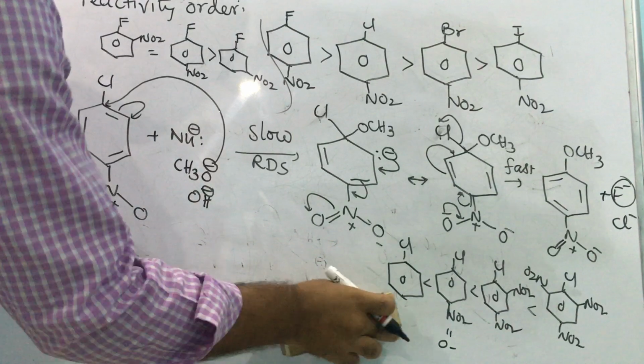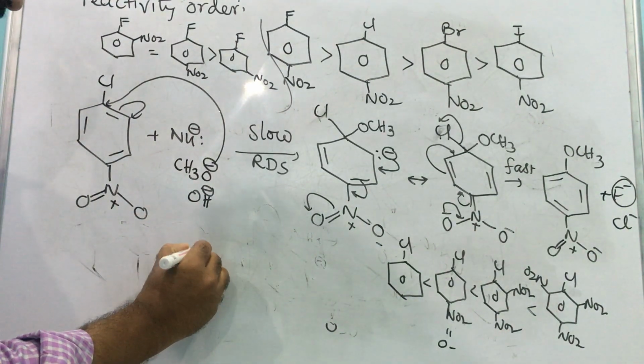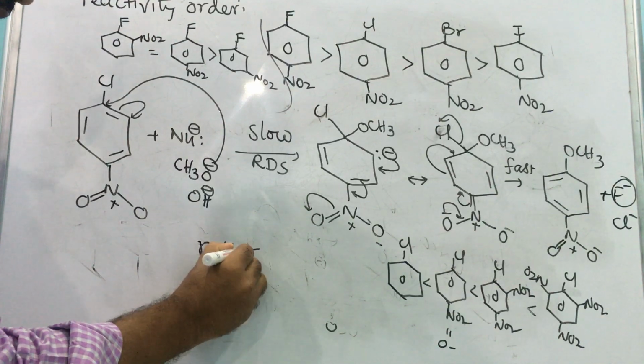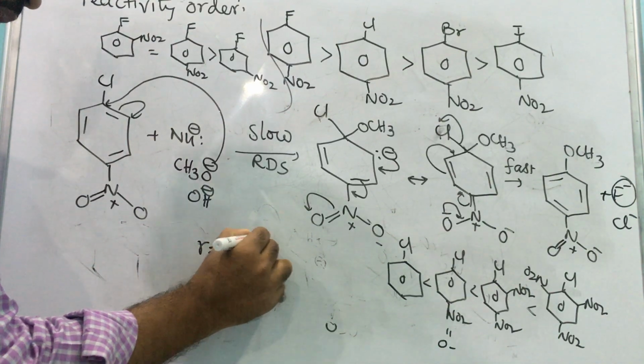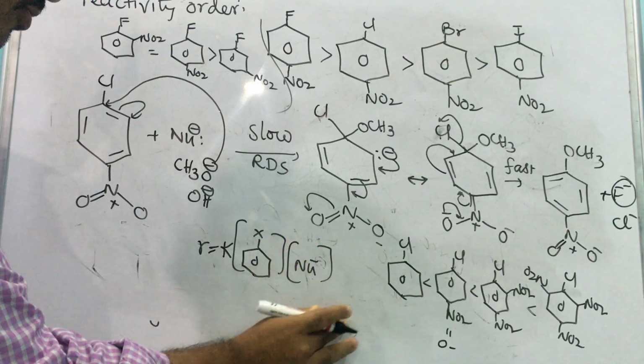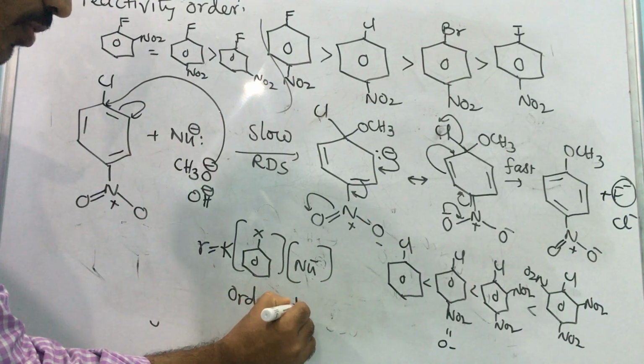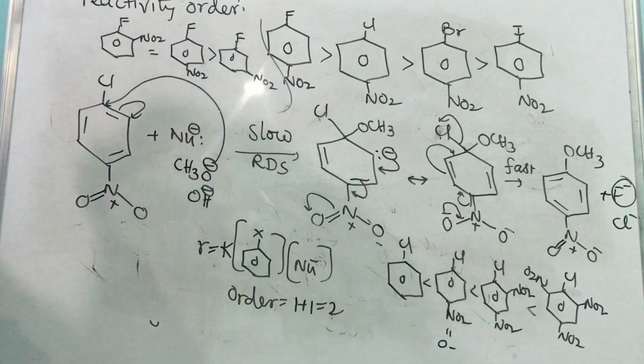Now consider the kinetics of this reaction. We can say the rate is equal to k times haloarene times nucleophile. Therefore, the order of reaction is 2: 1 plus 1, that is 2.